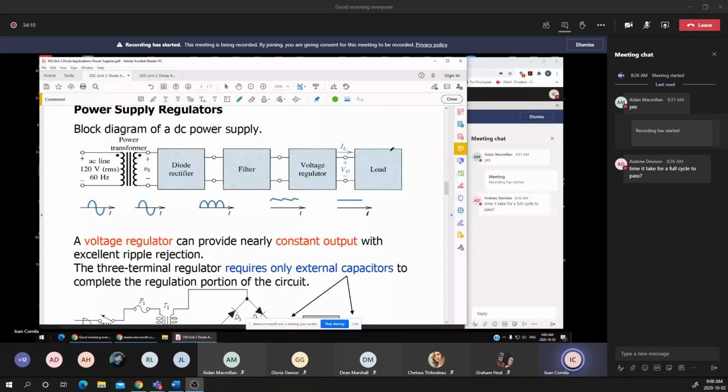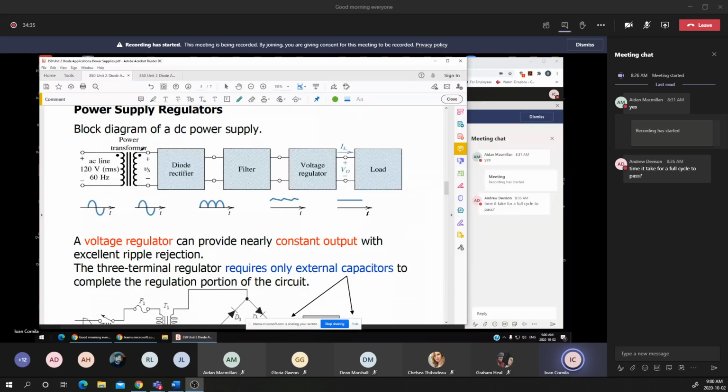Now, in the block diagram for a DC power supply, you notice that there are 5 different blocks. From the beginning, we have a transformer. Most of the time, we are using a step-down transformer. For example, 120 volts to 10 volts, to 20 volts, to 15, to 7, 8 volts, and so on.